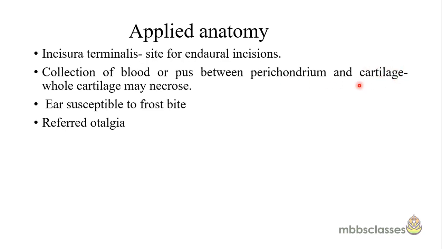The cartilage will not get any nutrition, and as a result it may undergo necrosis. This may lead to complete necrosis of the cartilage, and sometimes deformities develop, sometimes called cauliflower ear. We'll discuss these in detail in diseases of the external ear in another video.